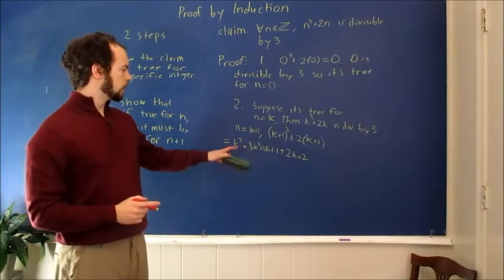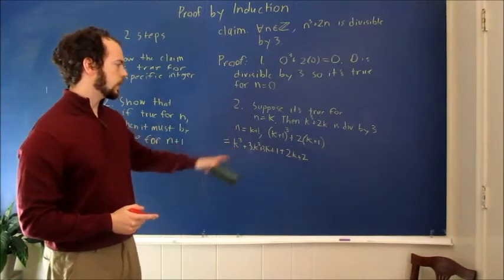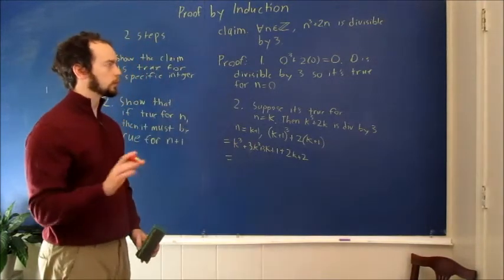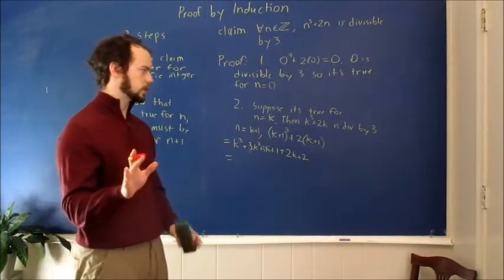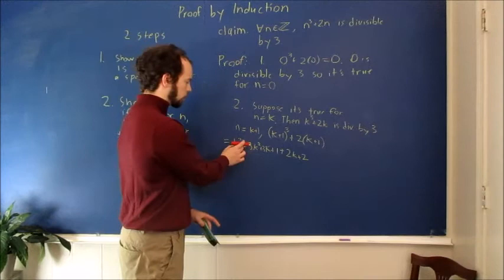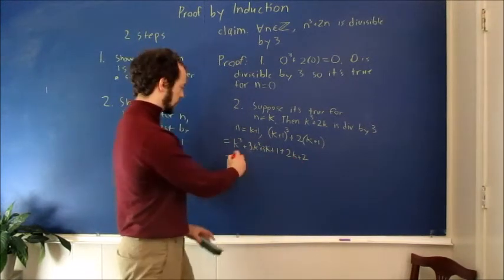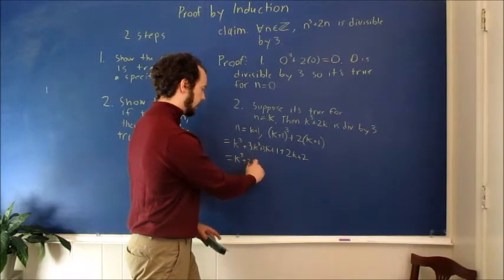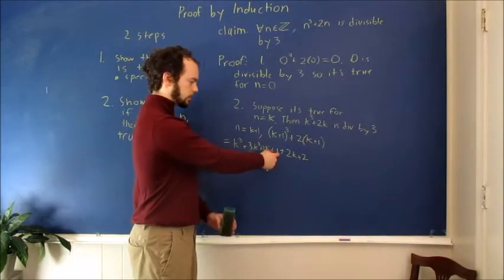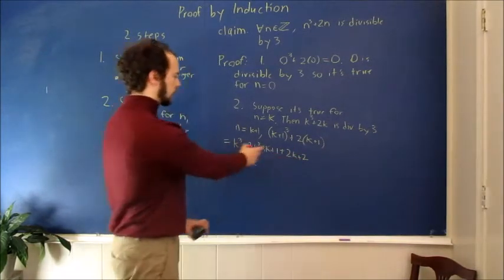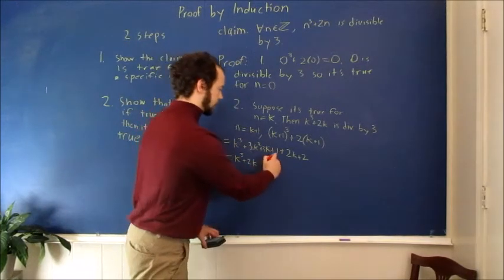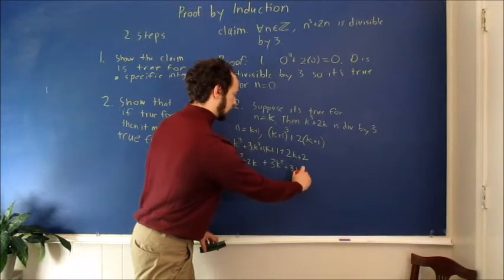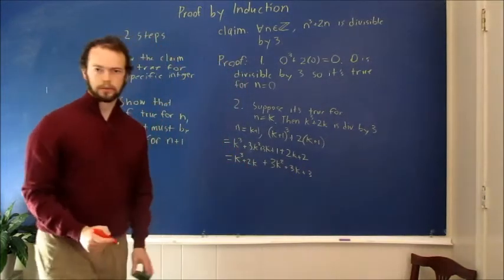Now, look at what we have here. I'm going to group these things in a certain way. I'm going to group the k cubed with the 2k, and then add the 1 to the 2 here and leave everything else as it is. So 3k squared plus 3k plus 3.